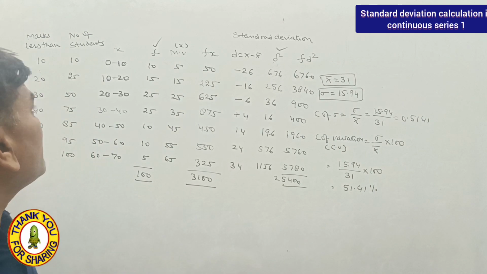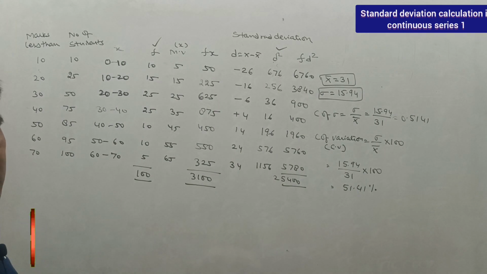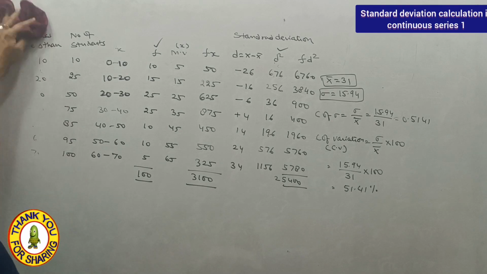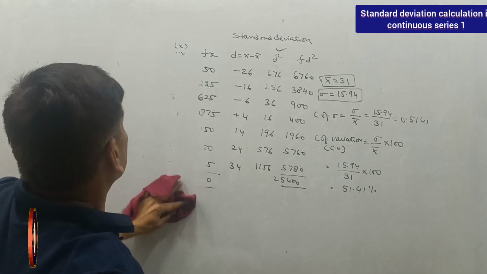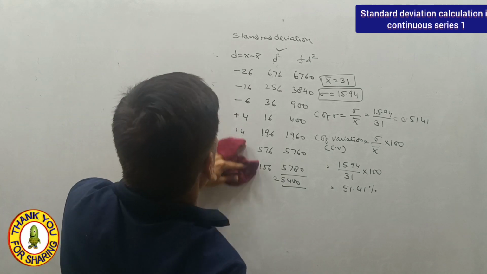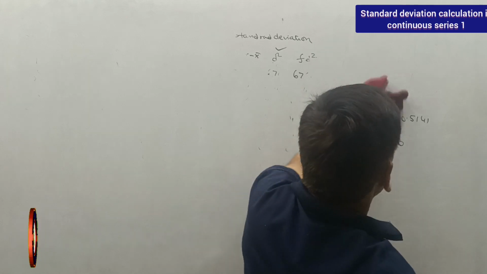So now we have another problem of the continuous series, and we will solve this problem with the second method, the assumed mean method. The same standard deviation we will calculate, but we are changing the question.